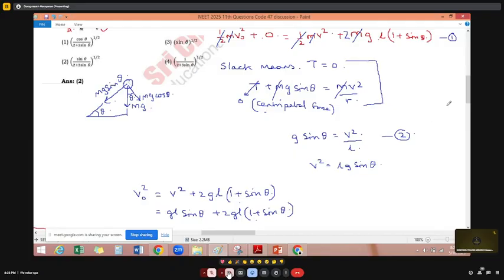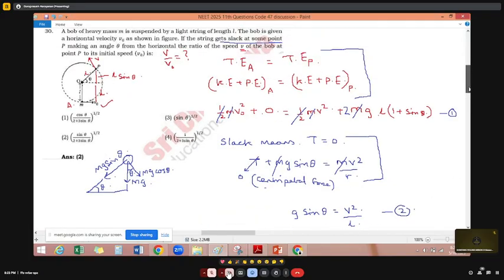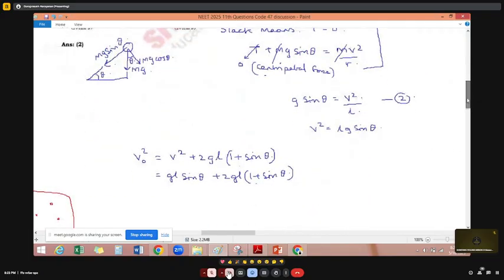I want V square by V naught square. So V square by V naught square will give me GL sine theta divided by GL, which can be taken out commonly. So what is left is sine theta plus 2 sine theta. So I'll get 3 sine theta plus 2.